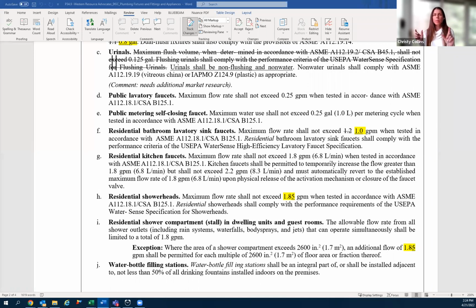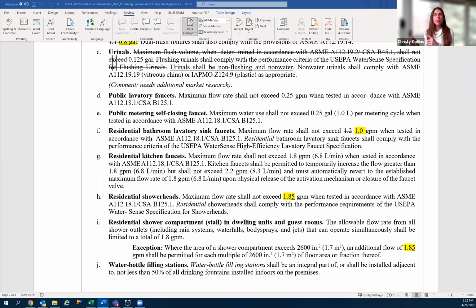The 0.8 versus 1.1 getting outside of vast market availability, I would propose that is okay for the Denver Green Code, because the Denver Green Code is people choosing which provisions they wish to comply with from the chapter, to try to drive the market and tell the market what we want more of, so that the market can then react, so that if something like this were to become mandatory, then the market would be there to respond and provide what's needed.